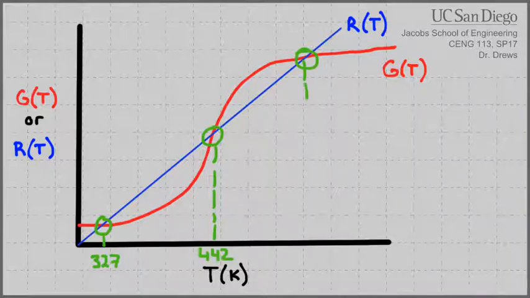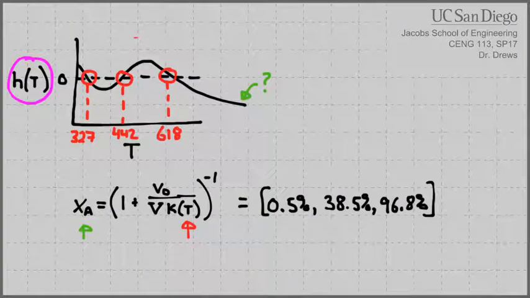And if I look up here, this temperature is the last one, which was 618. Or thereabouts. There's maybe a little plus or minus 1 degree Kelvin. When you actually solve this on your own, you can figure that out to as many decimal points as you want. And those are the same temperatures that we would get if we used H of T like this.